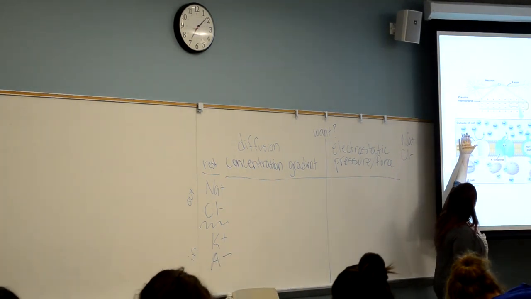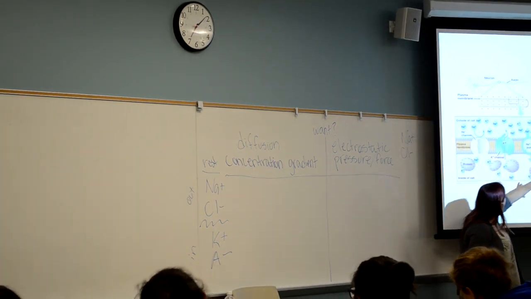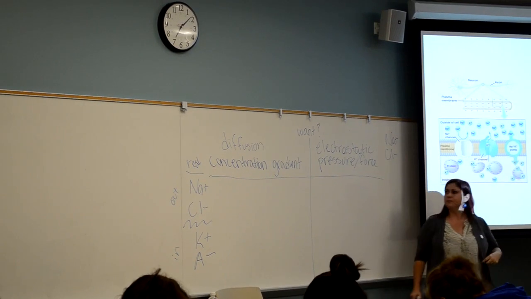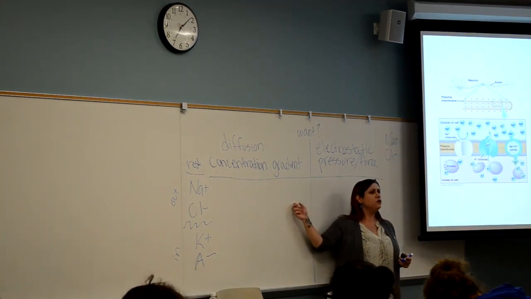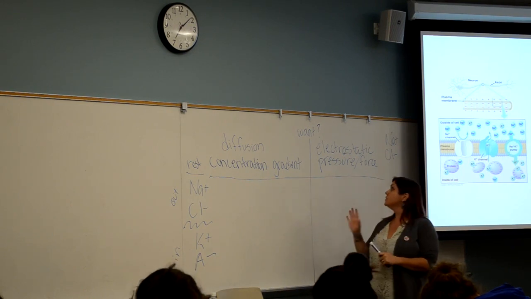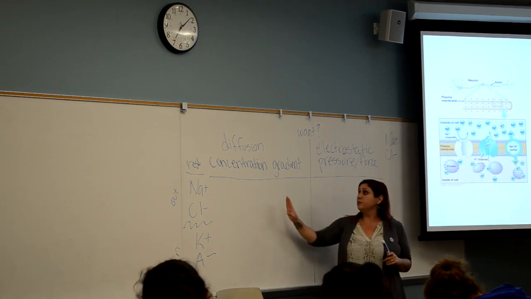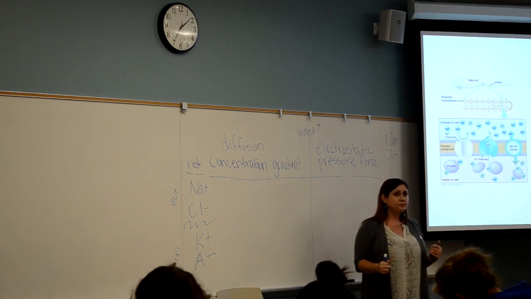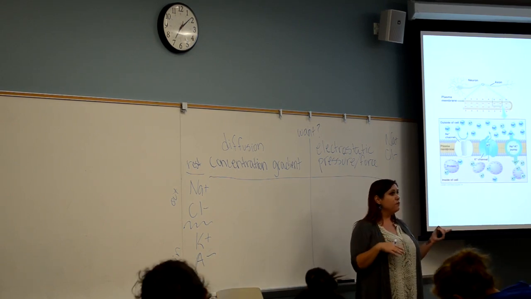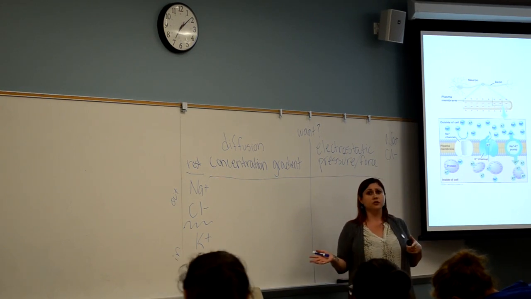Sodium, chloride, potassium, anion A. Let's pretend that diffusion is the only force in the entire world. Let's pretend that diffusion is all there is. What is diffusion again? High to low. Stuff moving from an area of high concentration to an area of low concentration.